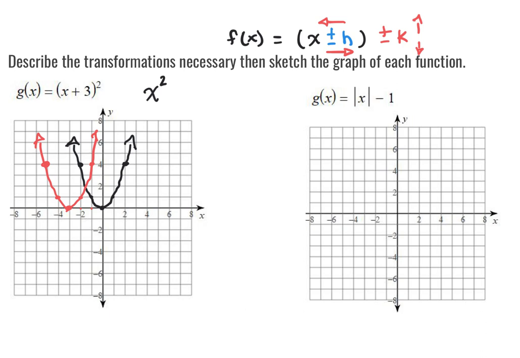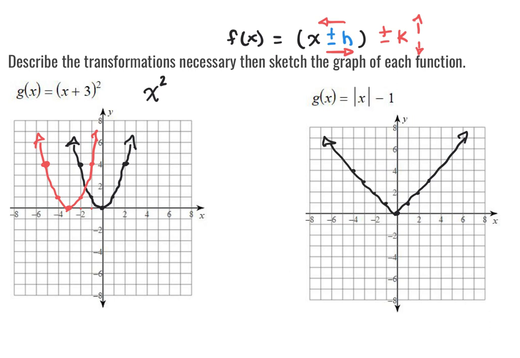Again, we want to do the same idea: identify the parent function and plot your parent function to help with the translation. This is an absolute value, so (0, 0), (1, 1), (2, 2), (3, 3), etc. This one is V-shaped as opposed to my U-shaped.